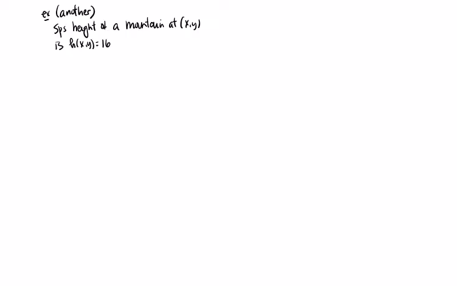This isn't going to be a very high mountain, that's okay. Actually, let's make this x squared and y squared. That way, it's definitely decreasing as x and y increase. So we could say, let's examine the point, say, (2, 1). A few things we can say. We can plug it in.